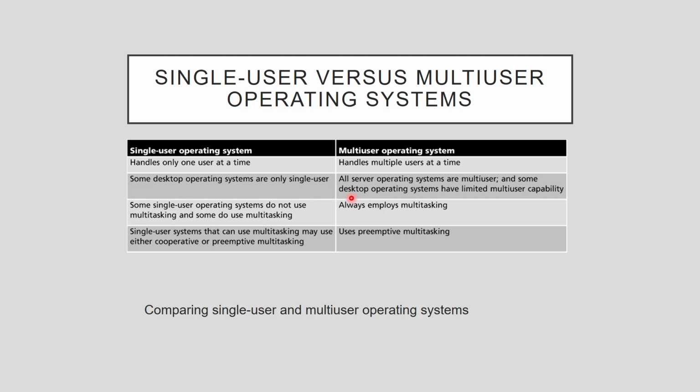Mac OS X Server is also a full-featured multi-user system. The desktop versions of operating systems such as Windows 10 and Mac OS X are also multi-user, but they do not have the full multi-user capacity of the server systems.